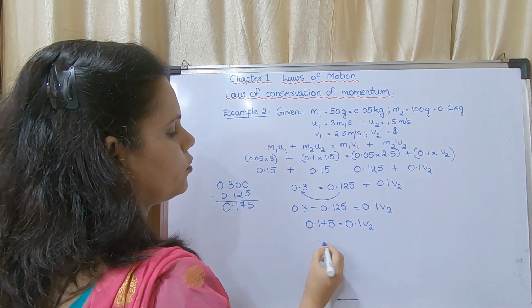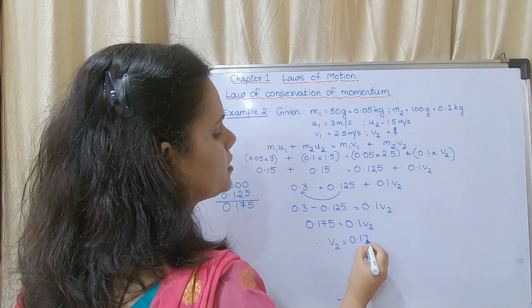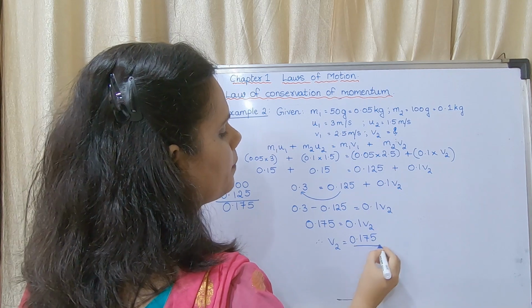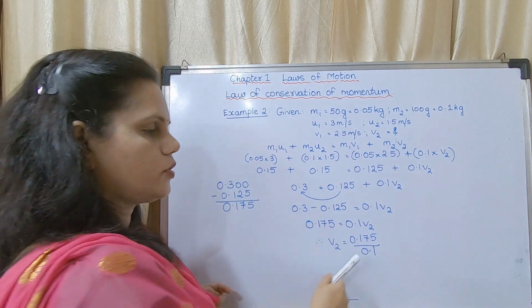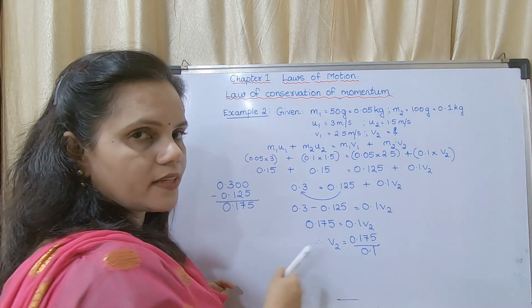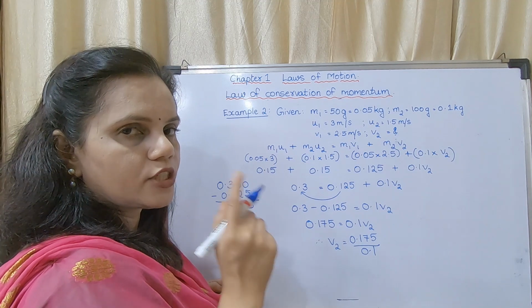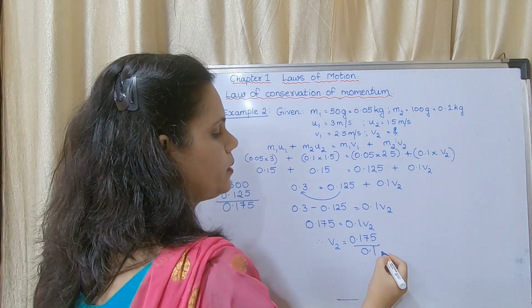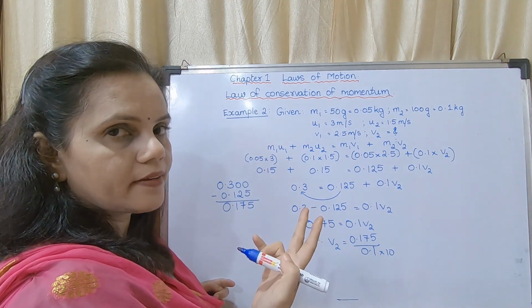Therefore v2 is equal to 0.175 upon 0.1. Here you have to get rid of this decimal. After the decimal, how many digits are there? There is only one digit, so you will multiply it with 10. If there are two digits, you will multiply it with 100.